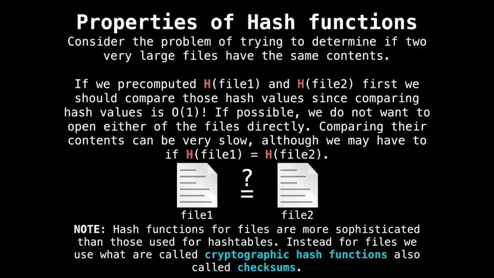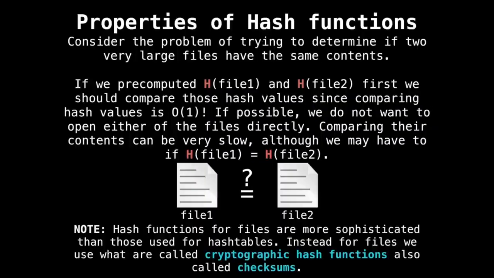Consider the problem of trying to determine if 2 very large files have the same contents. This is something you want to do in an operating system context all the time. So if we've computed the hash values for file 1 and file 2, first we should compare the hash values together to see if they match or don't match, because this requires constant time work, which is super fast.